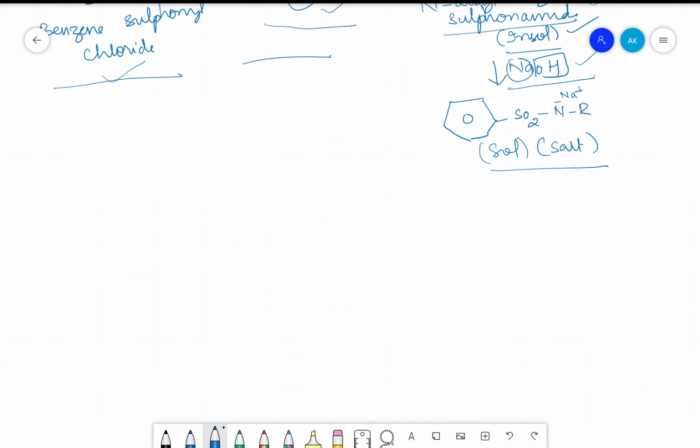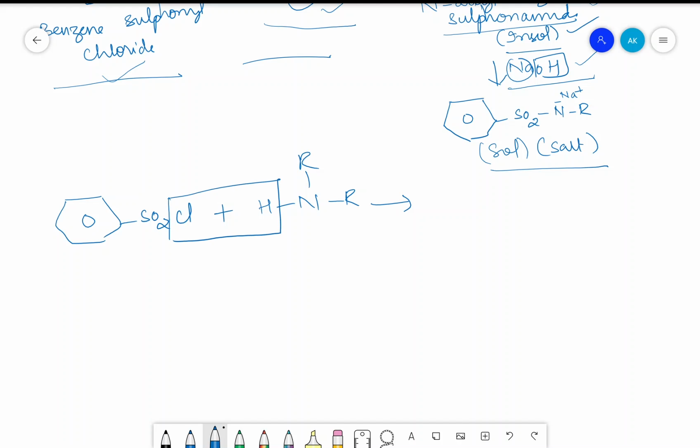The same thing if you are going to use, for example, benzene sulfonyl chloride reacts with secondary amine. Secondary amine has two R groups attached. So this H and Cl will combine, minus HCl will be removed.